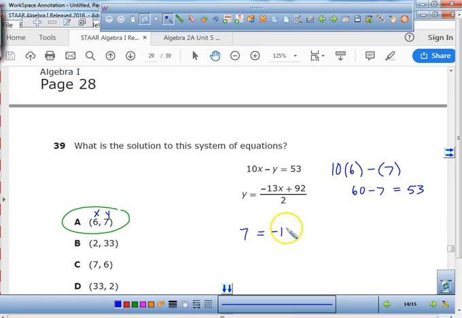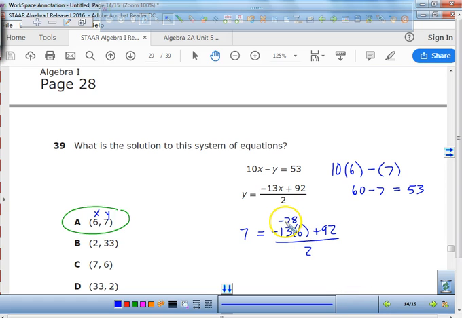It says our x value was a 6. So if I evaluated this, this is a negative 78. Negative 78 plus 92 gets us to 14. 14 divided by 2 is 7. So you can plug your values in and see which one works as well.